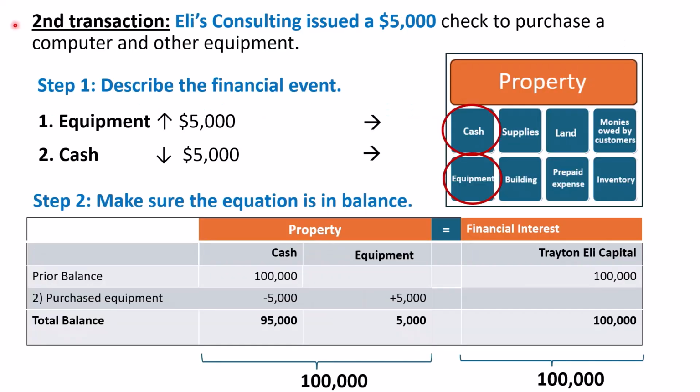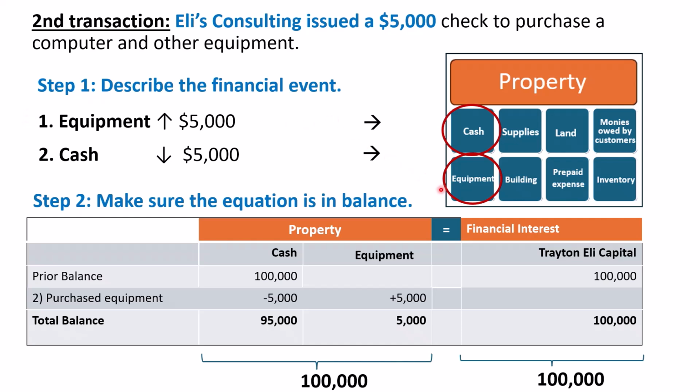In this second business transaction, Eli's Consulting issued a $5,000 check to purchase a computer and other equipment. So let's describe the financial event in step one of our process of analyzing the transaction. The firm purchased new property, the equipment, and equipment is a type of property.